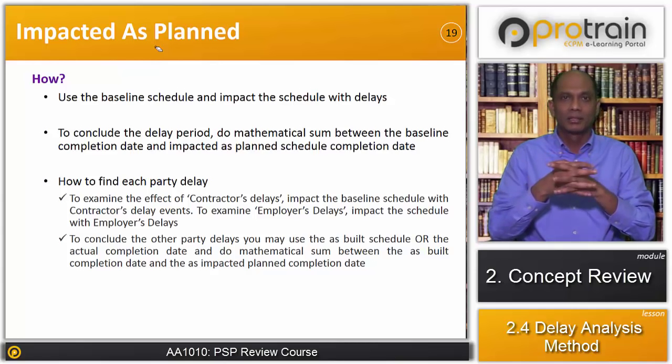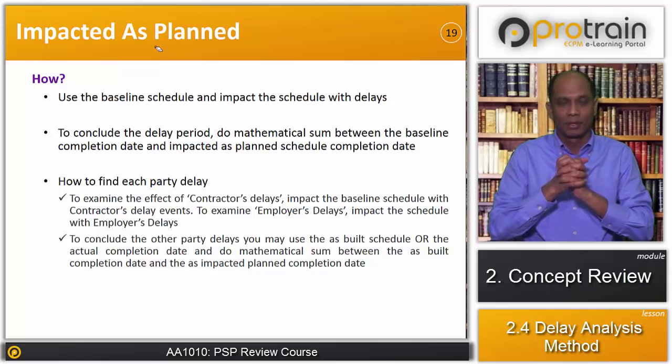Let's understand this by example. Say you have a baseline schedule of 10-month duration. However, the as-built schedule is of 12-month duration. You impacted all the employer's delays and found out that the schedule is shifting from 10 months to 11 months because of the employer's delay.